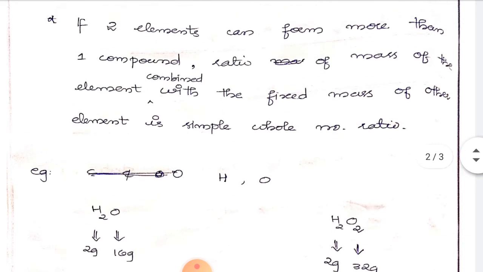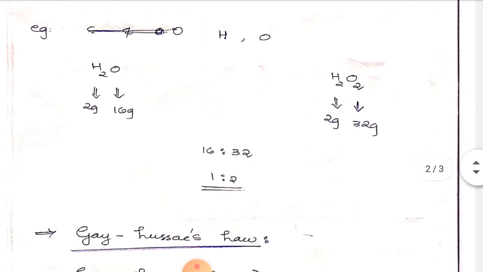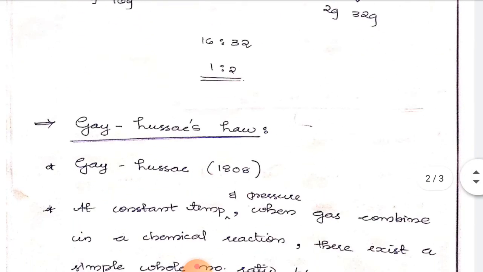That is the ratio of mass of that element, that is oxygen, combined with the fixed mass of other element is a simple whole number ratio. 16:32, that is 1:2.